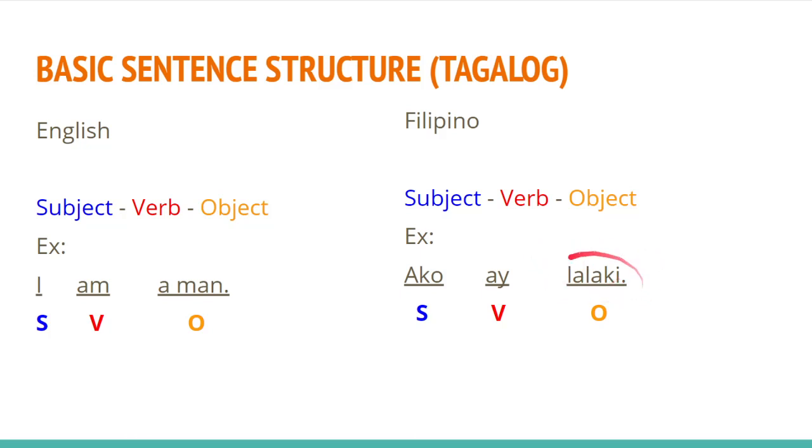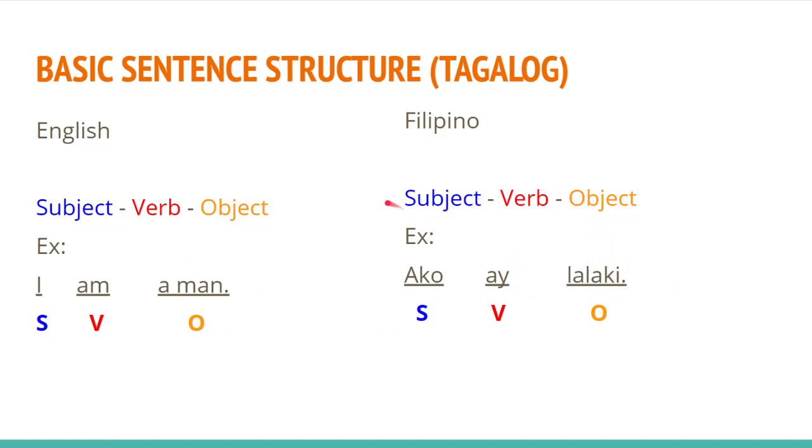Another is a man. Sometimes we translate it in Filipino as either lalaki or tao. Tao is general, lalaki is specific to the gender of a person. So this is the Filipino translation of this sentence.